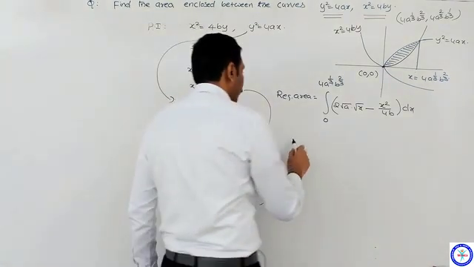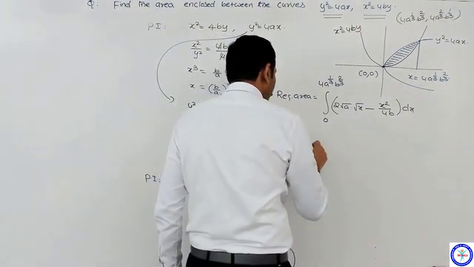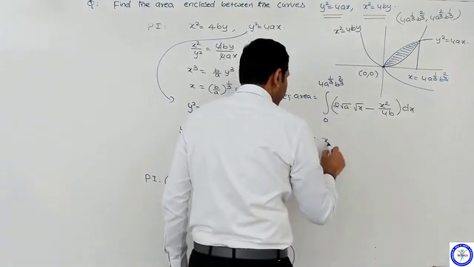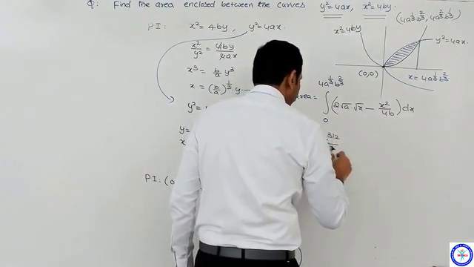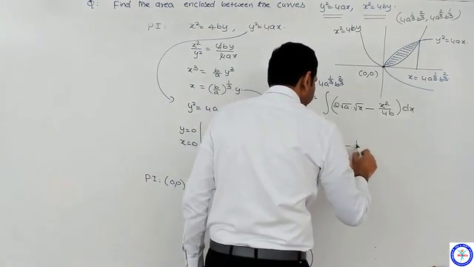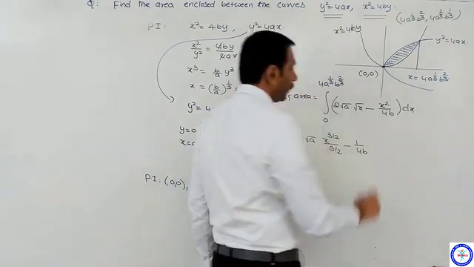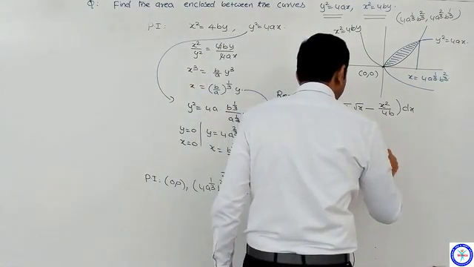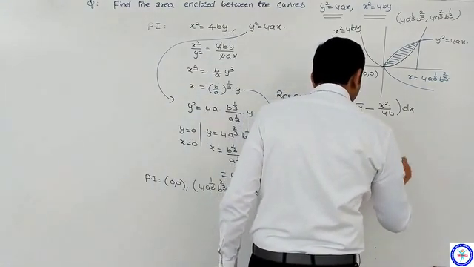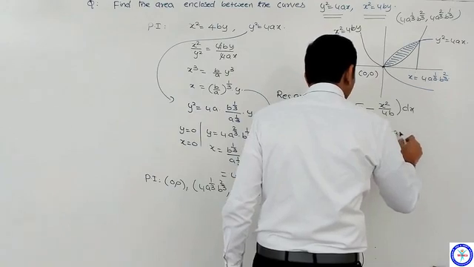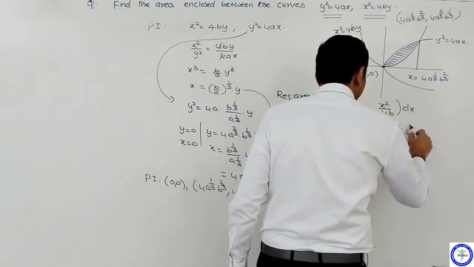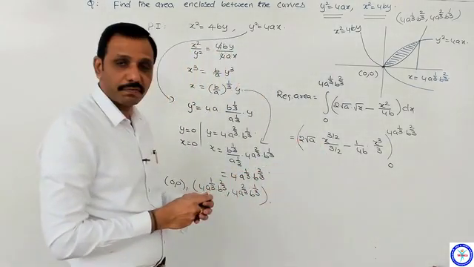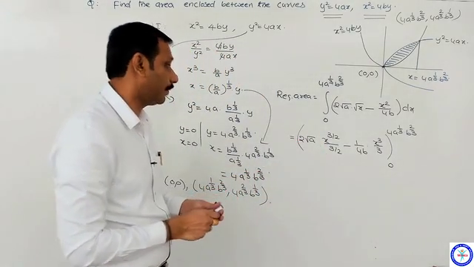It is equal to 2 root a into the integration of root x, x^(3/2) by 3/2, minus 1 by 4b into the integration of x square, it is x cube by 3, limits 0 to 4a^(1/3) b^(2/3). Hope you are able to follow this simple integration.